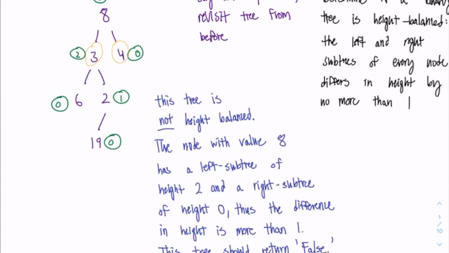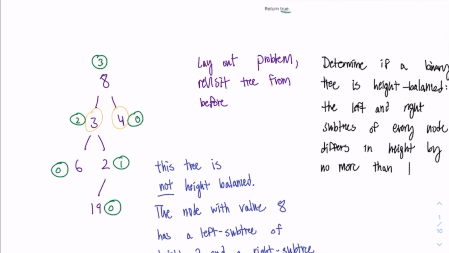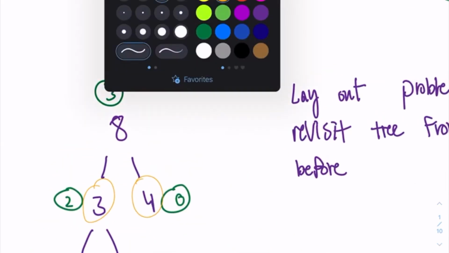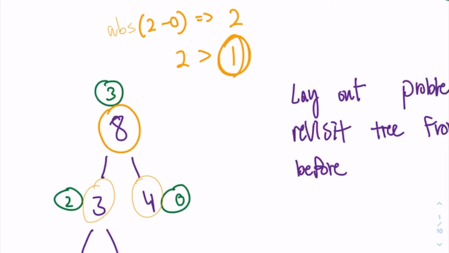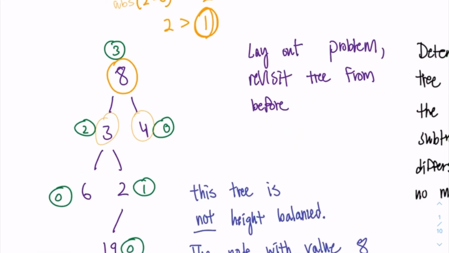Now, the absolute value of the difference between the left and right nodes of 8 is 2 minus 0, which is 2. 2 is greater than 1, so this binary tree is not height balanced.